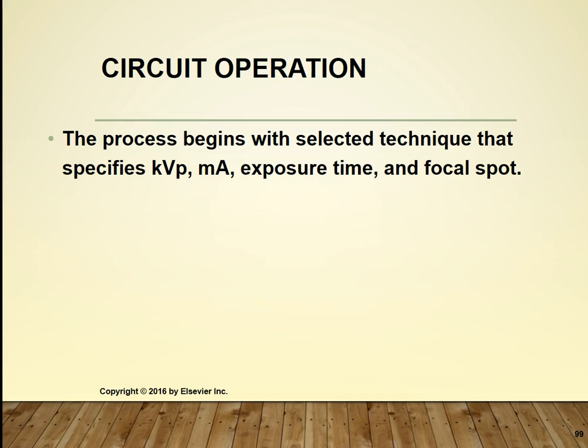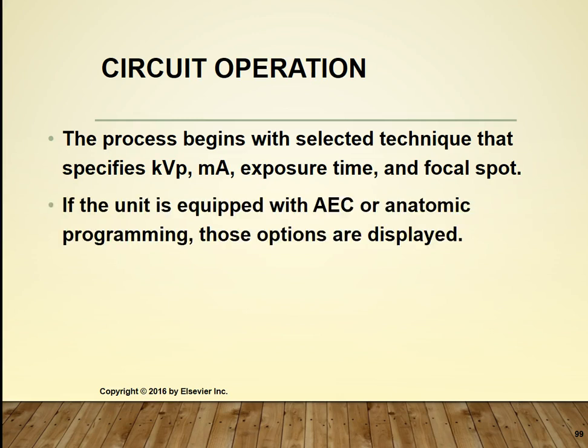Those are the 4 factors you can actually decide on. If the unit is equipped with AEC or anatomic program, and we'll talk about that in another whole discussion, those options are displayed. And that's back to the varied pieces of machinery. The same is true for Bucky selection if both a table and a wall Bucky are available.